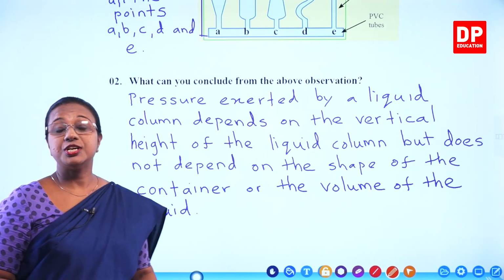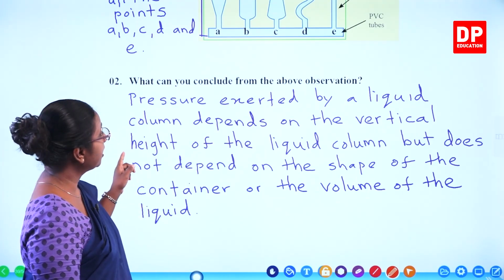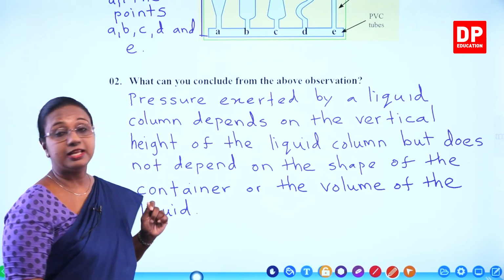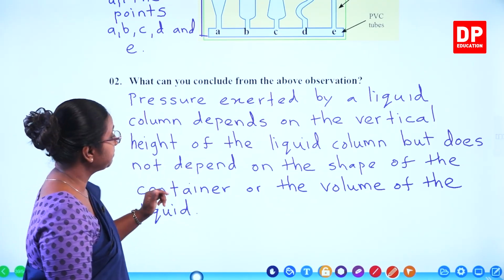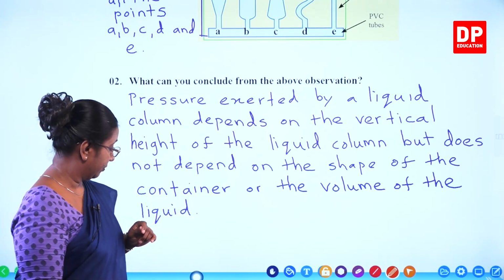That is the conclusion that you can get from this activity. Pressure exerted by a liquid column depends on the vertical height of the liquid column but does not depend on the shape of the container or the volume of the liquid.